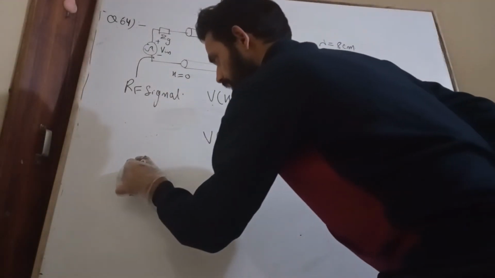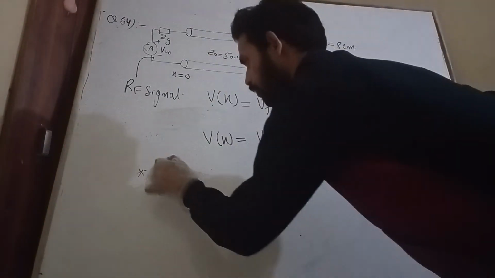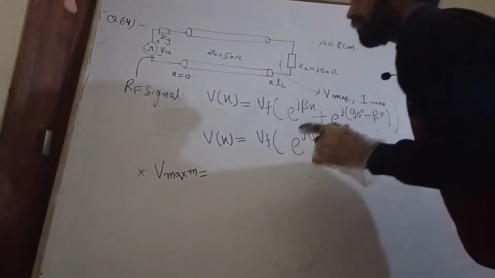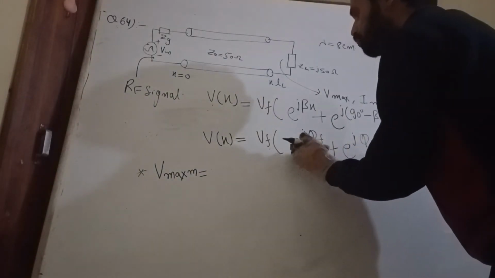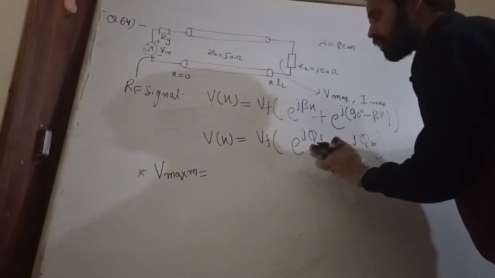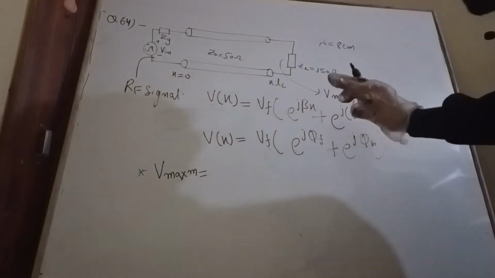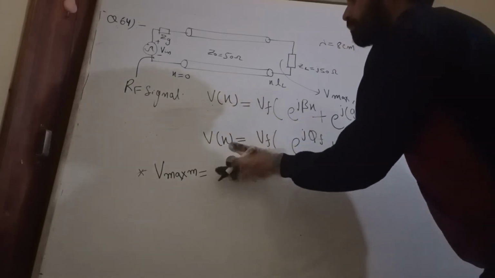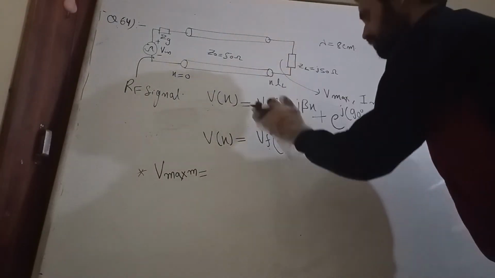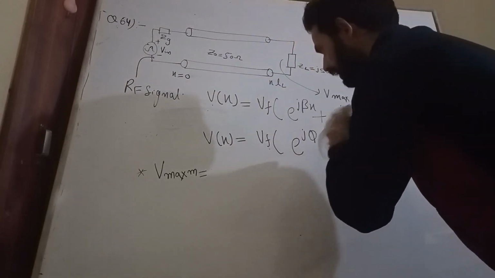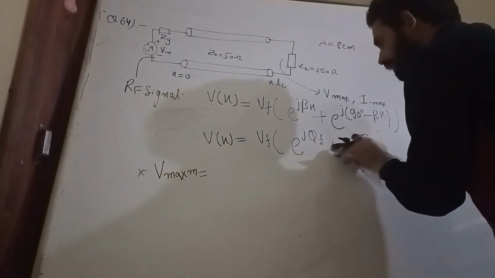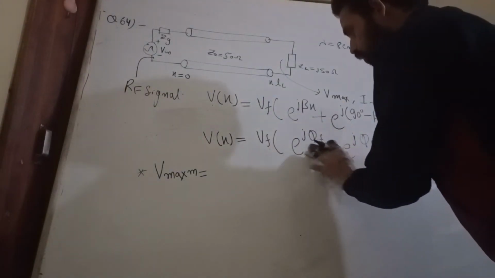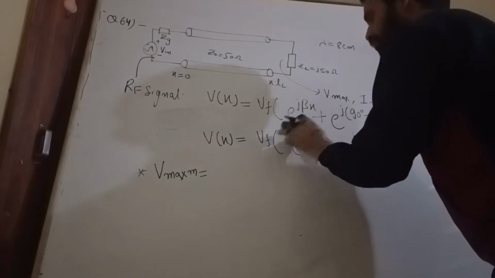Now, voltage maxima occur when both forward and backward waves are in phase.